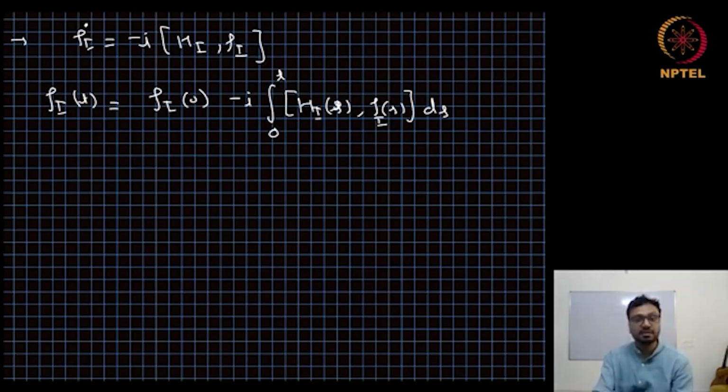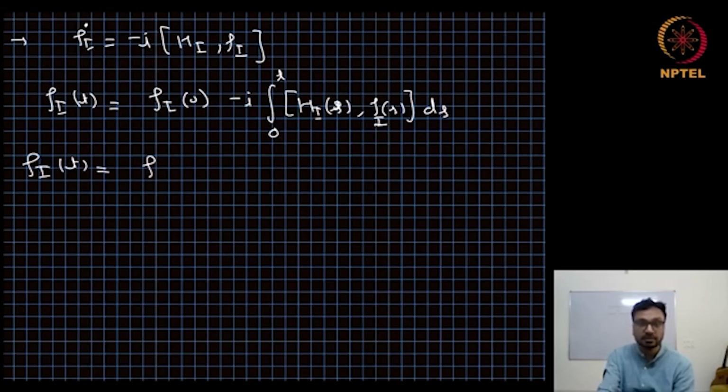So here we have solved for ρ_I in terms of ρ_I. So it's a recursive solution, and we can substitute ρ_I(t) in this expression to get the second order.